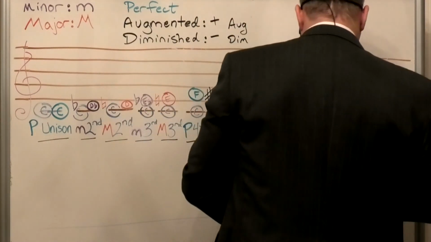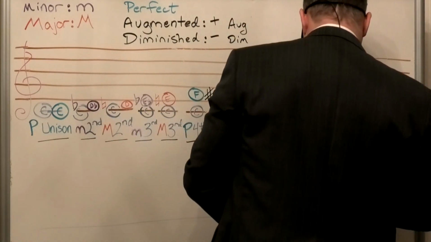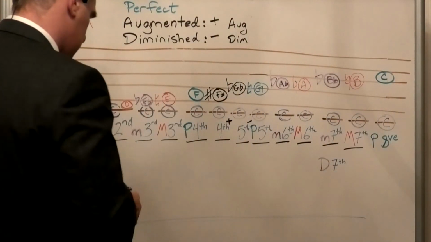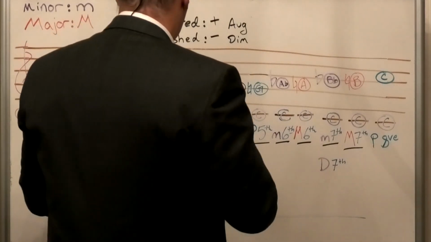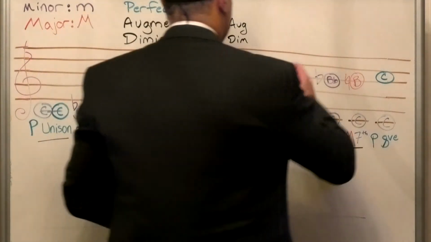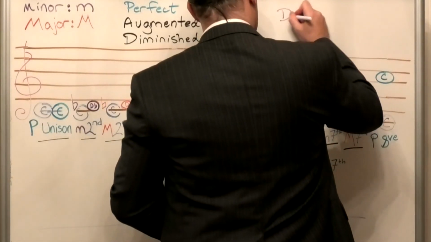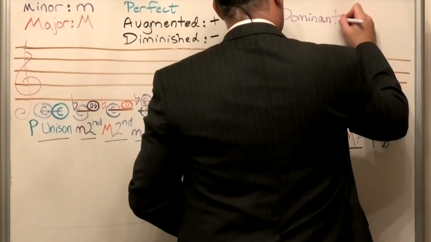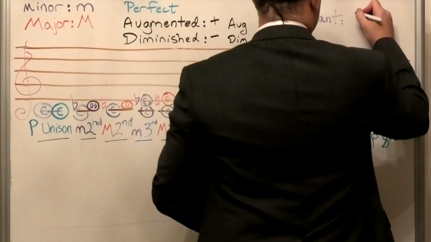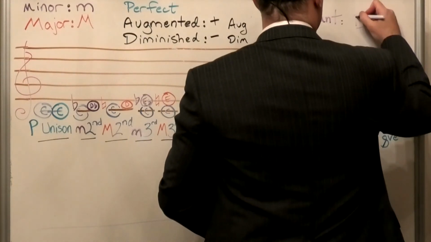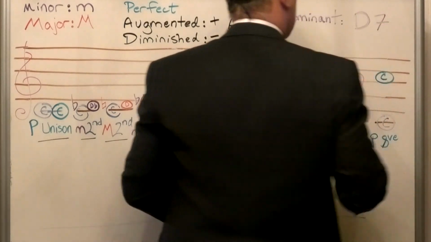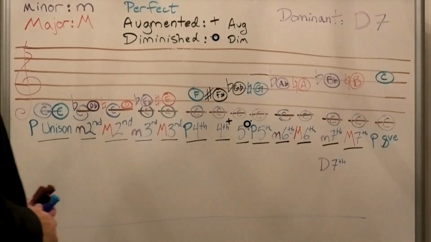That's the only interval that we'll call a dominant. So we'll say dominant 7, D7.